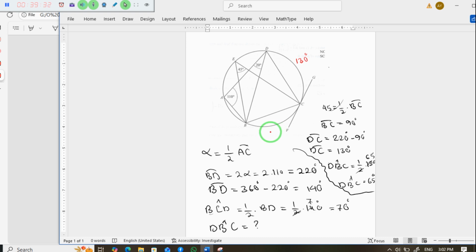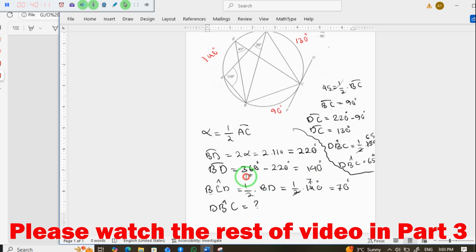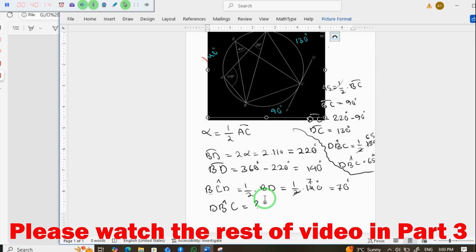The other arc, BD, we calculated as 140 degrees. So I erase this part.